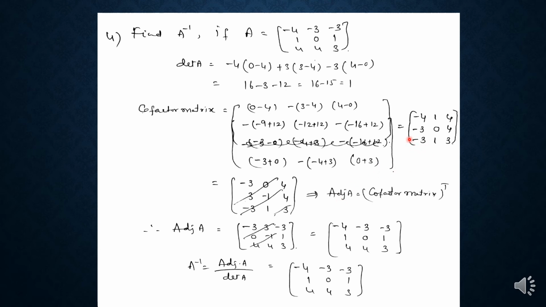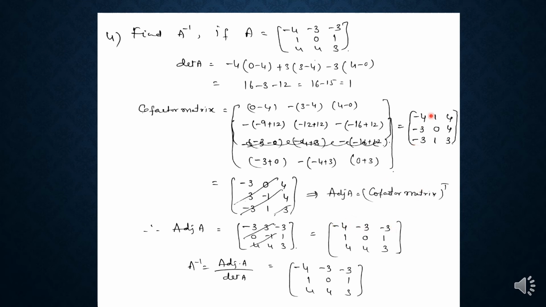So after finding the cofactor matrix, we are finding adjoint A. Adjoint A is equal to the transpose of the cofactor matrix. So by transposing this matrix, adjoint A is equal to, here the first column becomes first row, minus 4, minus 3, minus 3.